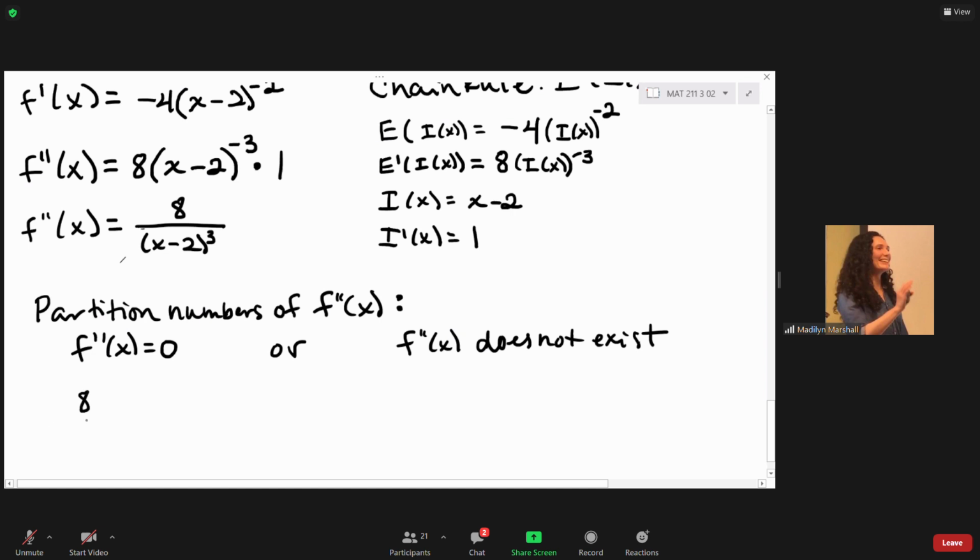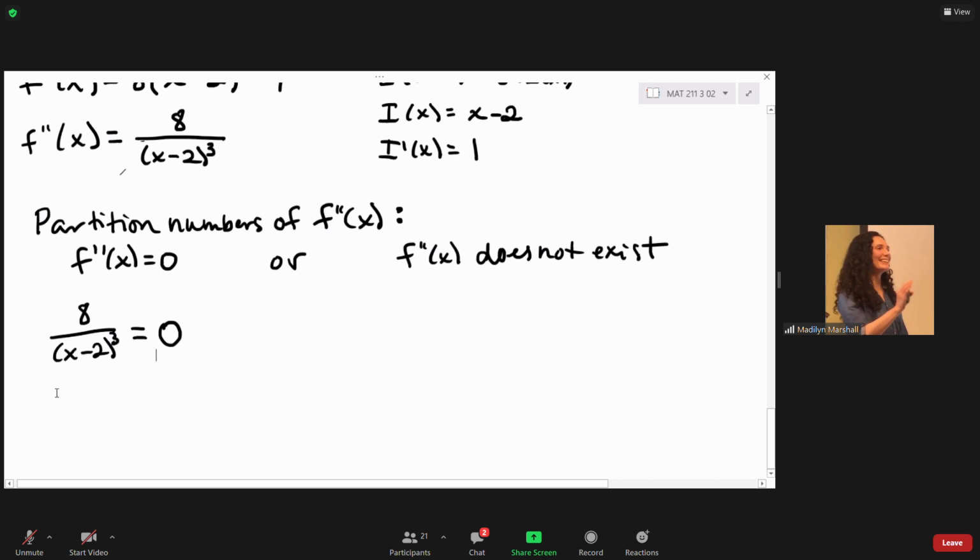So if we set f double prime to 0, a fraction can only be 0 if its numerator equals 0.